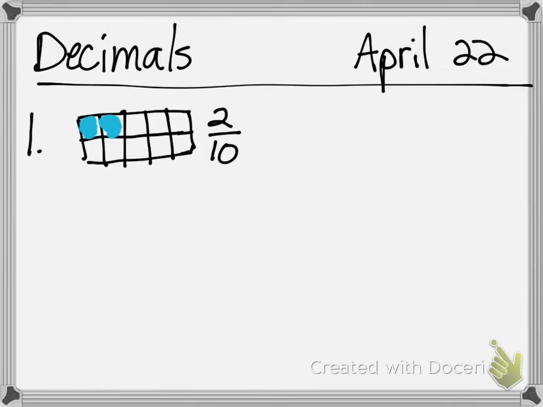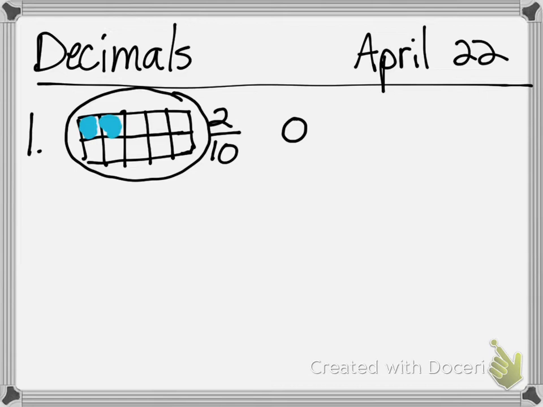Now, the fraction makes sense to you. We've done that. Now, how do we write that as a regular number? Well, do I have 1 complete unit? This is the 1 item. Is it completely filled in? No, it isn't. So we have 0 complete units.